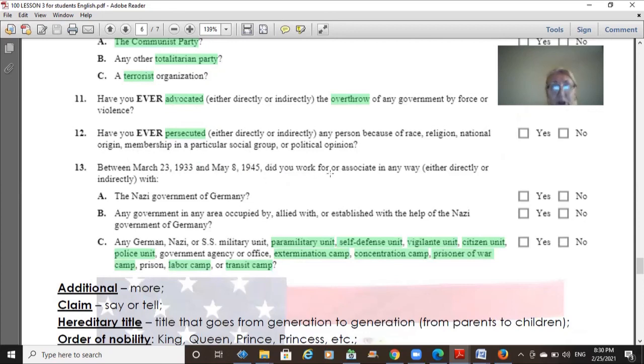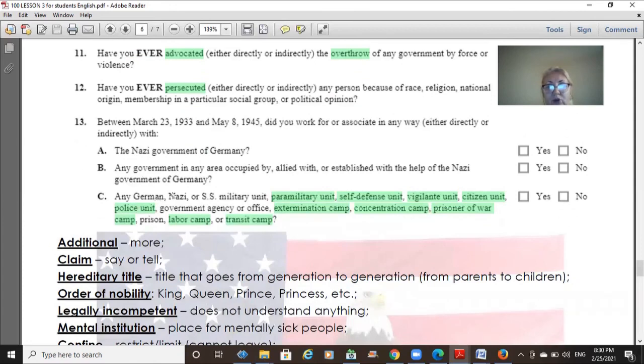Did you work for or associate or connect in any way, either directly or indirectly, with the Nazi government of Germany? Yes or no? Any government in any area occupied by, allied with, or established with the help of the Nazi government of Germany.